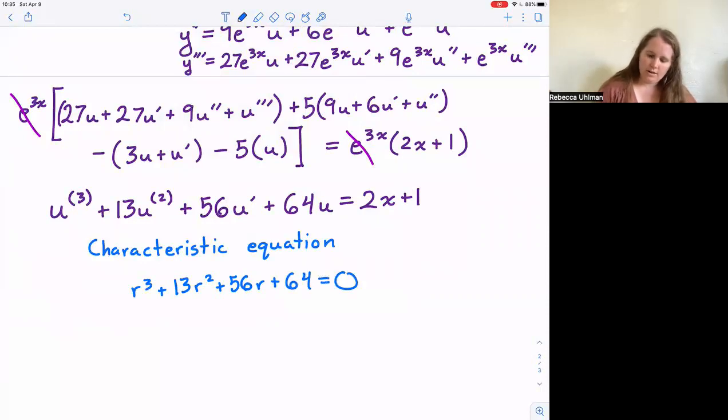Our e to the lambda x is now e to the 0x, so we have lambda equals 0. r equals 0 is not a root, and so we're good.